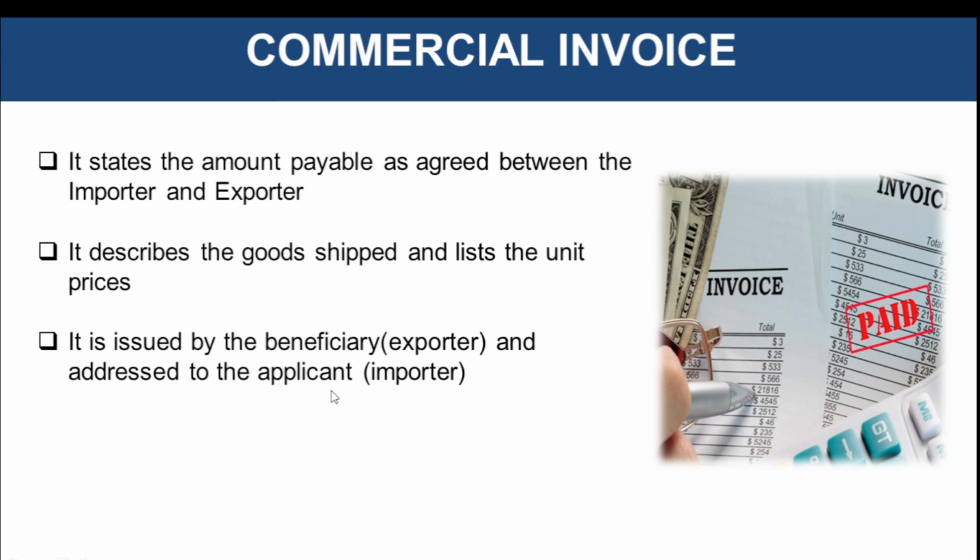I would be covering documentary credit in my next video, where it would be made clear to you why the exporter is referred to as beneficiary and why the importer is referred to as applicant. These are different names involved as per the transactions. Now, in a simple way, I'll try to make you understand about LC and why in many of the slides you will be seeing 'as per documentary credit' or 'as per letter of credit'.